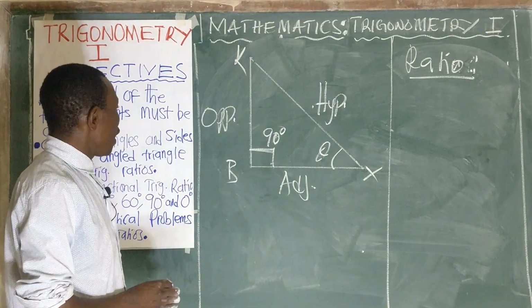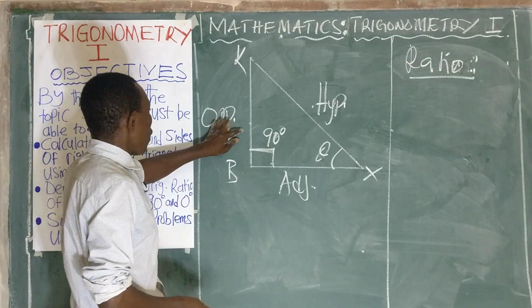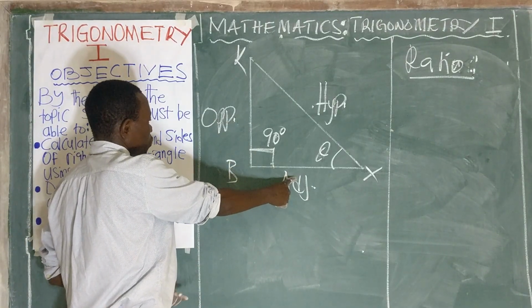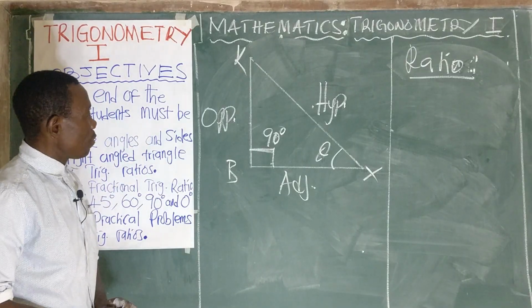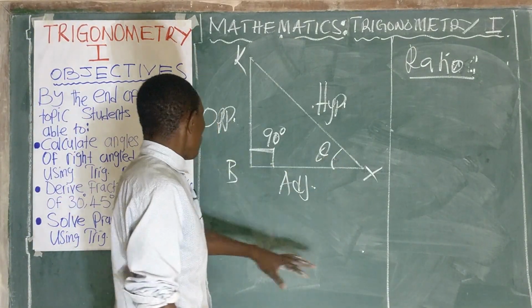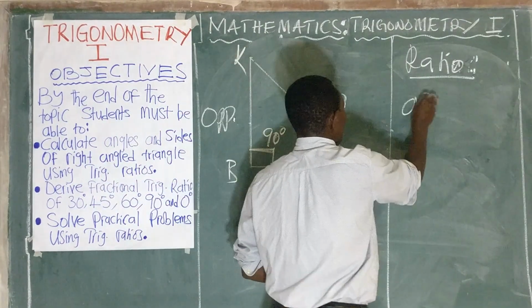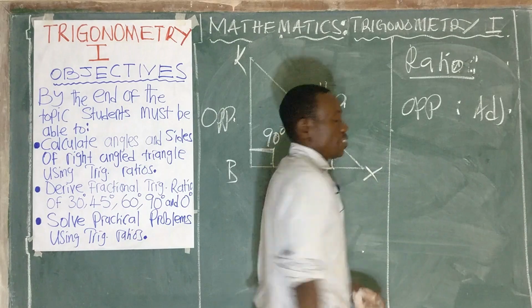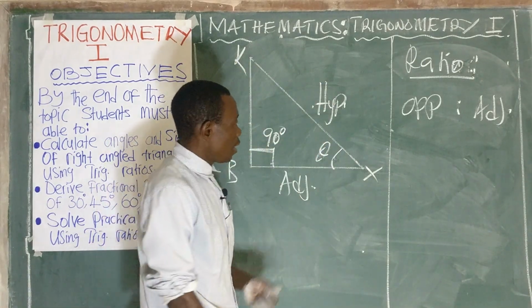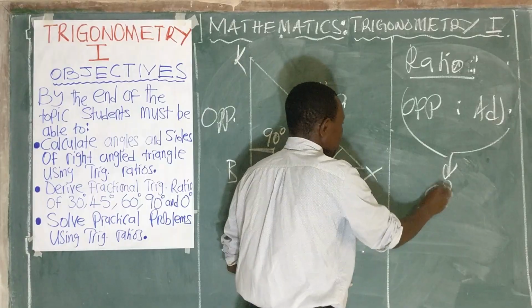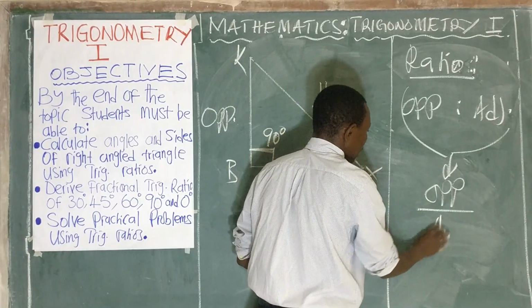If we have the ratio of the opposite side to the adjacent side in relation to angle theta, a ratio of the opposite side to adjacent side, which can also be written as opposite over adjacent.